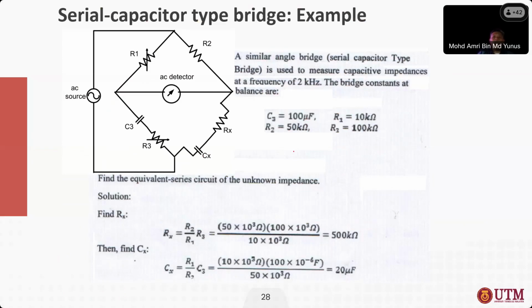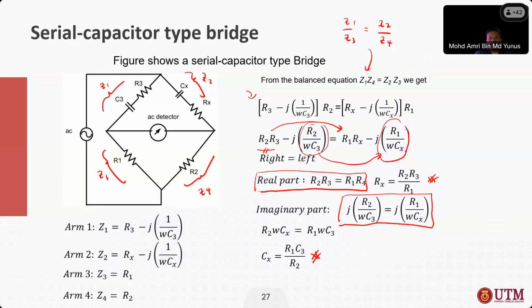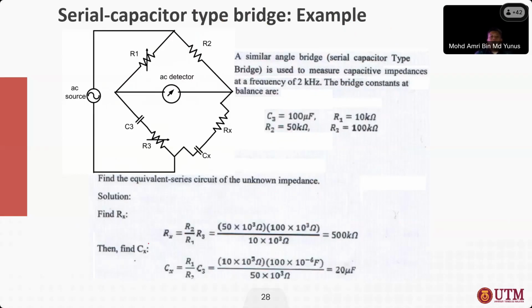So in this example, I think it's quite clear here. It's boldly stated that you can find the unknown values of Rx and Cx by using the equation for the series capacitor type bridge. So all these equations are derived from the balance condition.